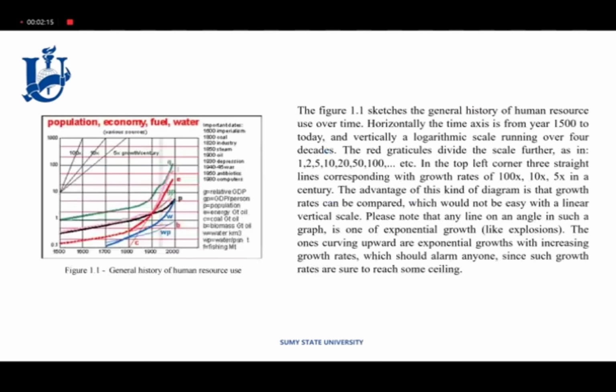As we can see in this picture, figure 1.1 sketches the general history of human resource use over time. Here we have some lines. The black curve shows population growth, which increased gradually, roughly doubling every 2 centuries.